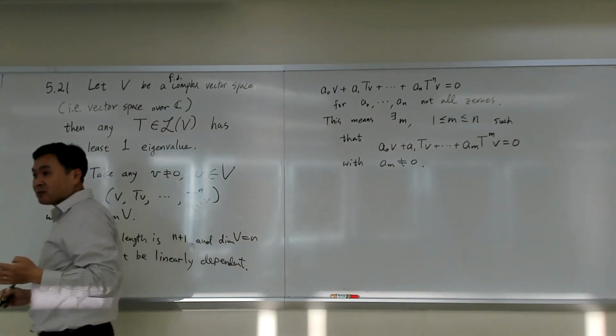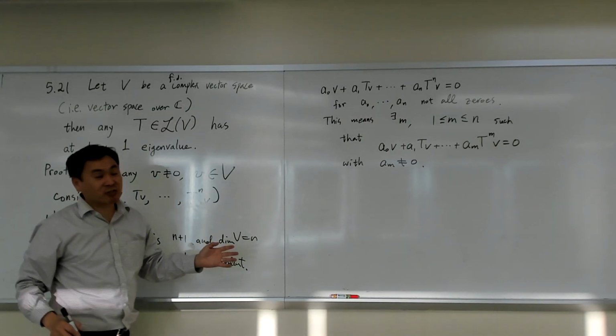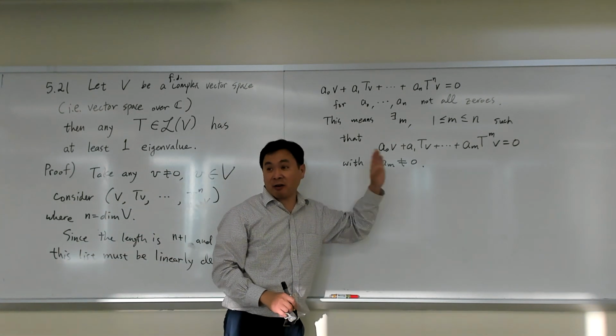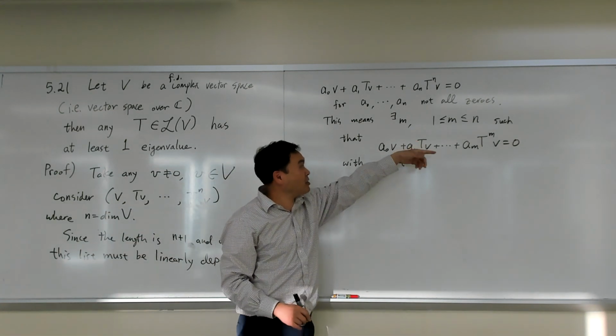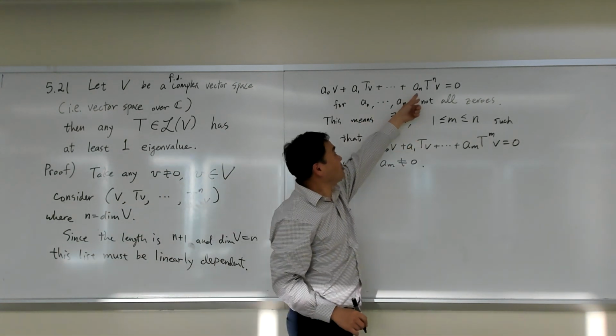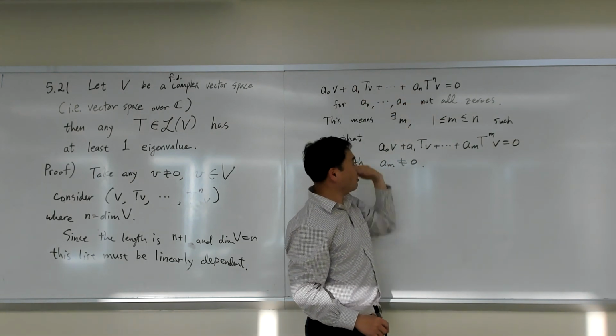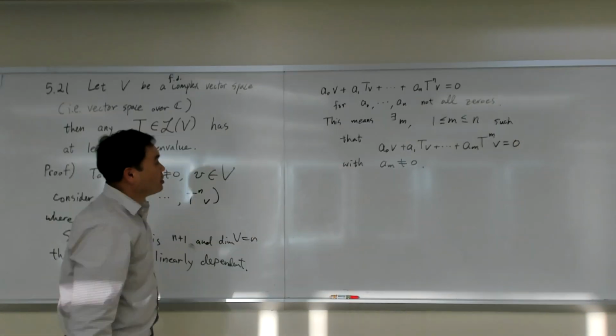Okay, so m is the largest number where Am is non-zero. After that, it could be 0. m could be n itself, which means this is non-zero, but if this is 0, there should be some place that happens.